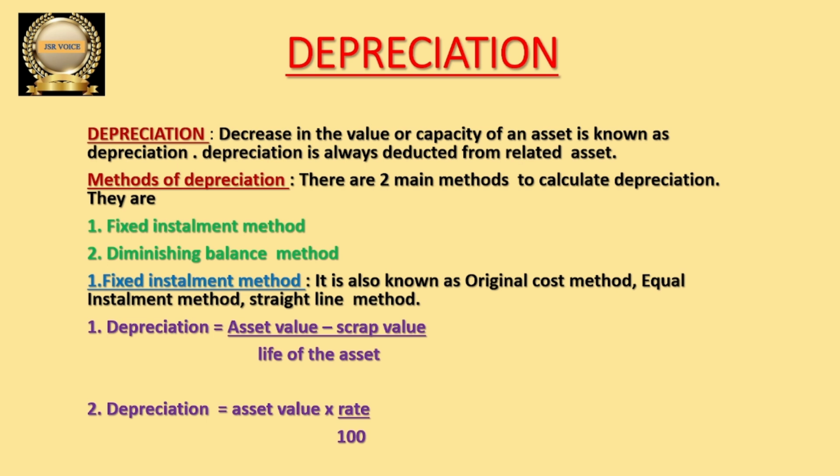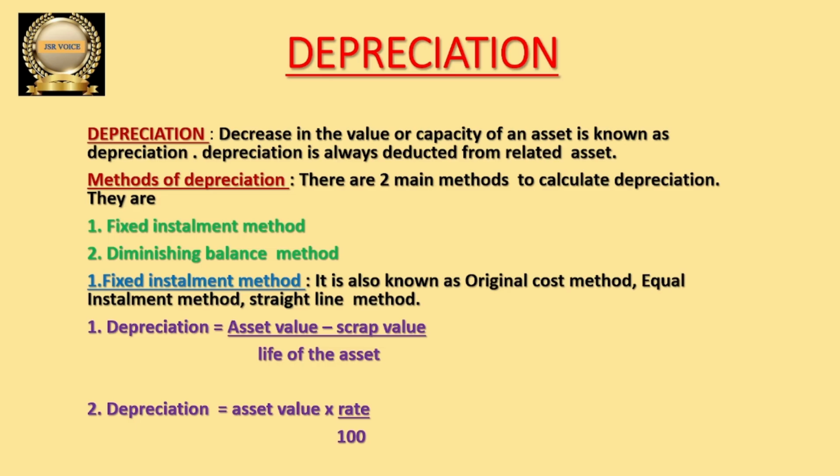Students may get a doubt: if in any problem the fixed installment method is given, which formula should be taken to calculate the depreciation? You have to check the question. If the rate or percentage is given in the question for depreciation, then you should take the second formula: depreciation is equal to asset value into rate by 100.